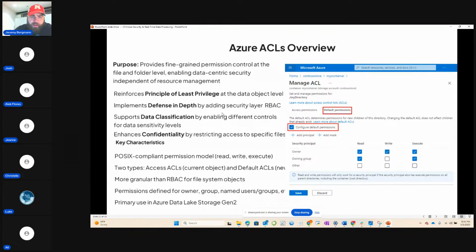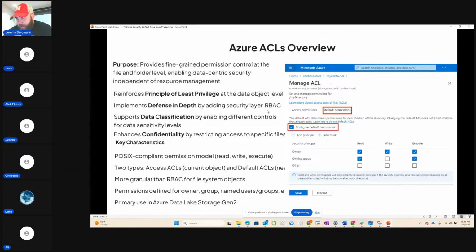Defense in depth: it adds an extra security layer to role-based access control. It really allows you to fine-tune your access to very specific folders and data sources. So remember, two of the things we talked about with security are how you access resources, and how you access the data.